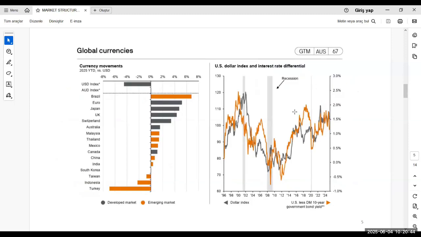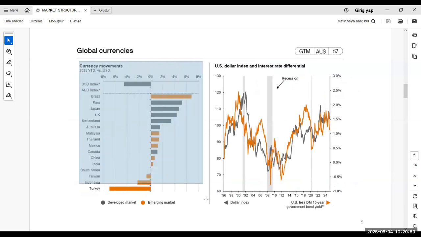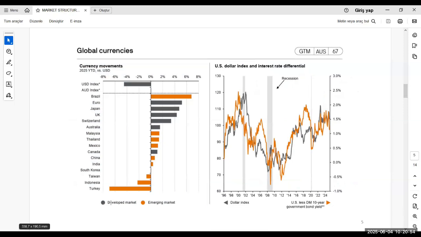And here you will see the global currencies all around the world. This table, please look at this one. The black point is showing the developed market currencies, and the orange one is showing the emerging market currencies.